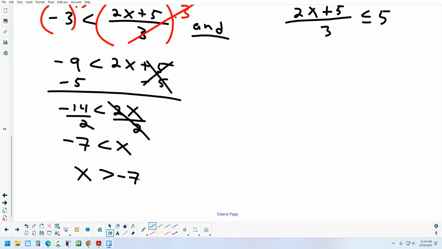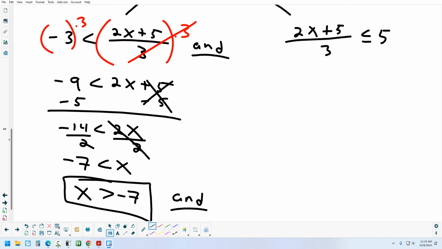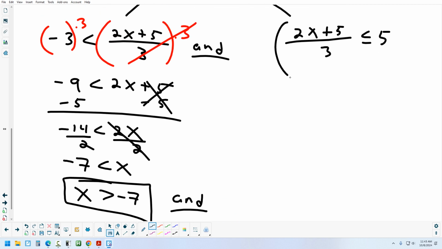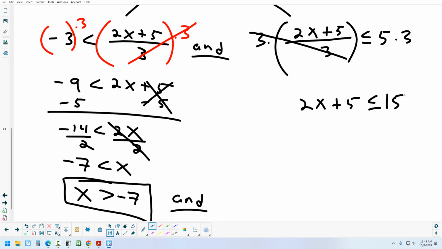Yes. The one above it is not wrong. It's just that's not seen as often. Okay, don't forget to write the word and. And now solve the other one exactly the same way. Multiply both sides by 3. 2x plus 5 is less than or equal to 15.